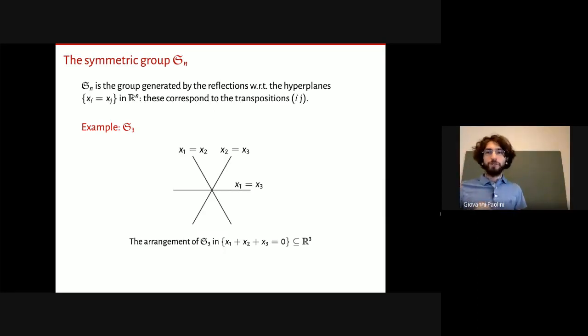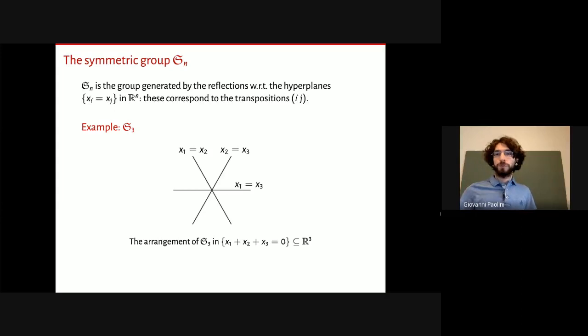Actually, you can even realize the symmetric group with one dimension less, because all these hyperplanes share a common line. So you can realize the symmetric group sigma n as a reflection group in Rn-1, which is what we see in the example in the second part of the slide.